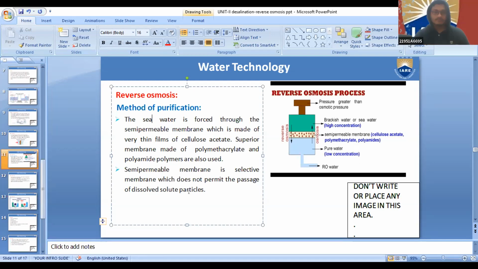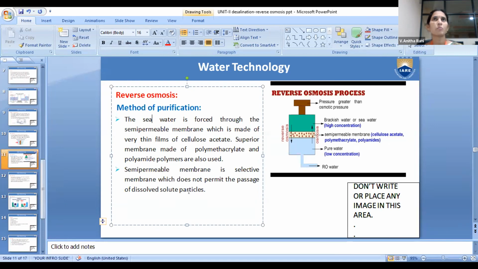Solute is impurities and water is solvent. Now tell me what is reverse osmosis? Flow of solvent through a semi-permeable membrane from higher concentrated solution to lower concentrated solution.